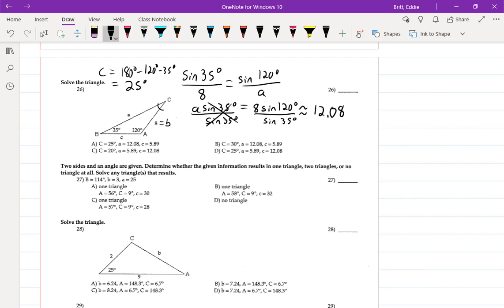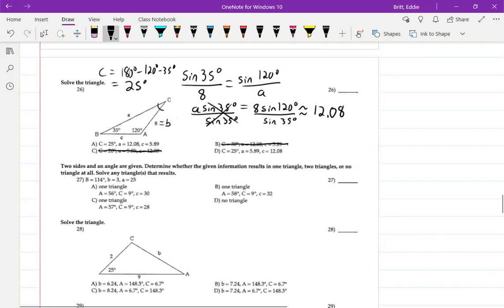Now you can probably figure out the answer just by knowing what I don't actually have to solve for side C, because look at this. Angle C equals 25 degrees. This one says 20 degrees, so we know that one's wrong. This one says 30 degrees, so we know that one's wrong. And then side A is 12.08.